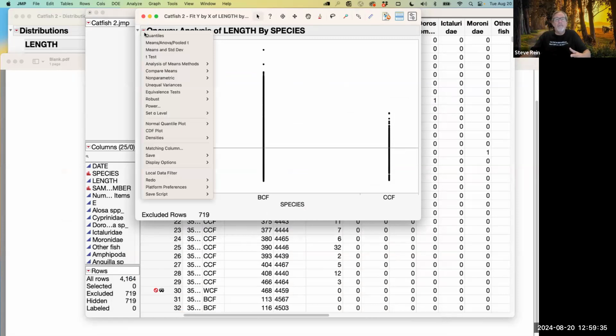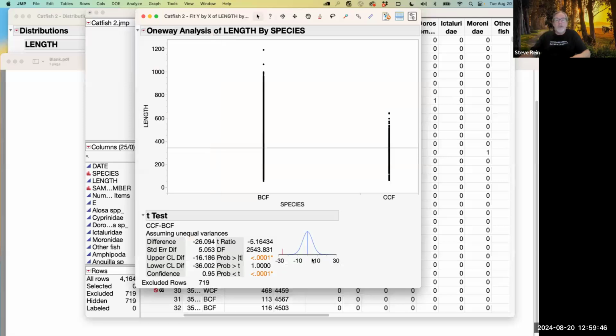If I turn on my T-based procedure, it's called a T-test, but that's next chapter, so we'll call it a T-based procedure. Turn it on. I'm going to have the channel catfish minus the blue catfish. Channel catfish length minus the blue catfish length is on average negative 26 millimeters.